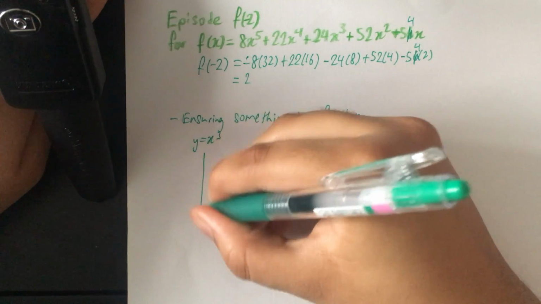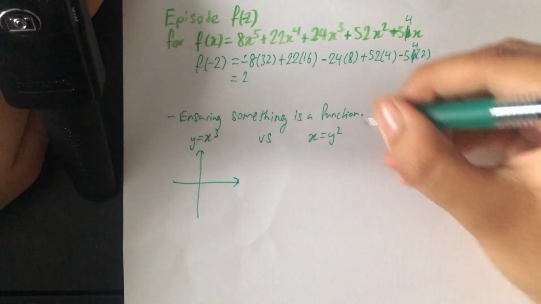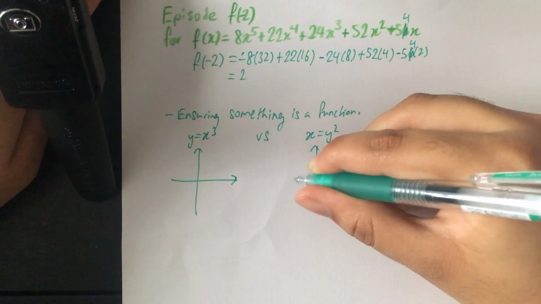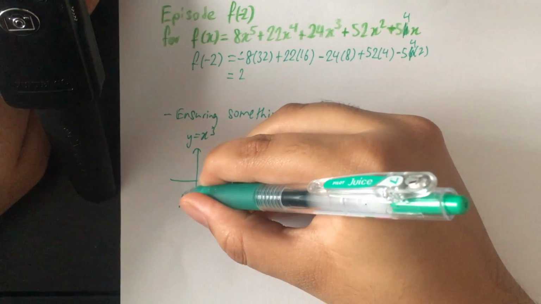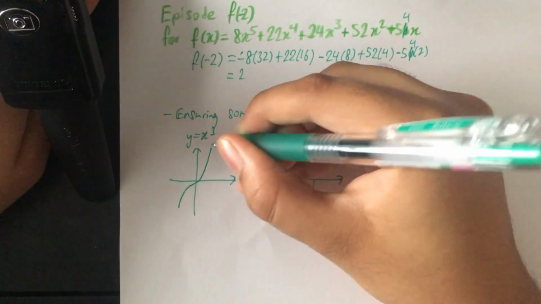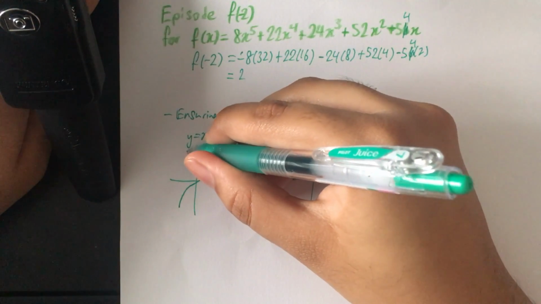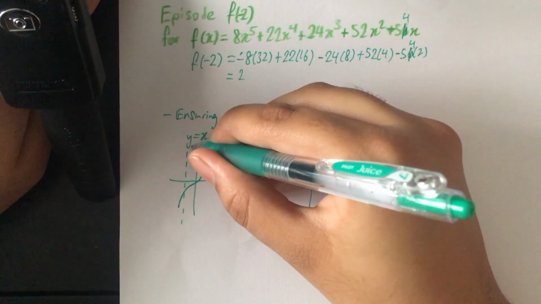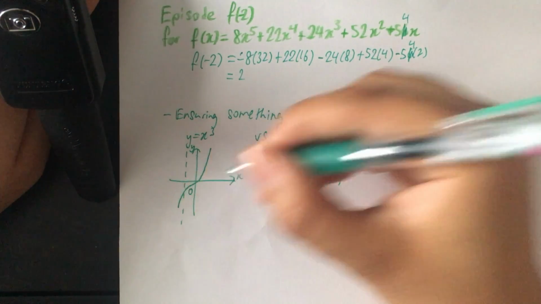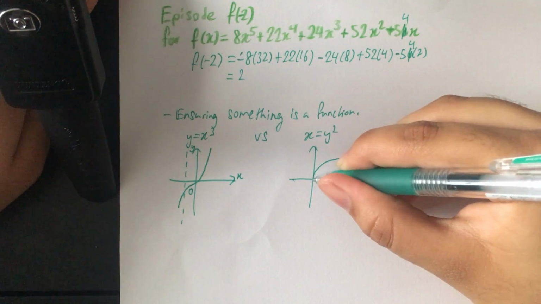One good example of something that is not a function would be x equals y squared. That is not a function unless you restrict it in a way, like y equals the square root of x, the positive square root.